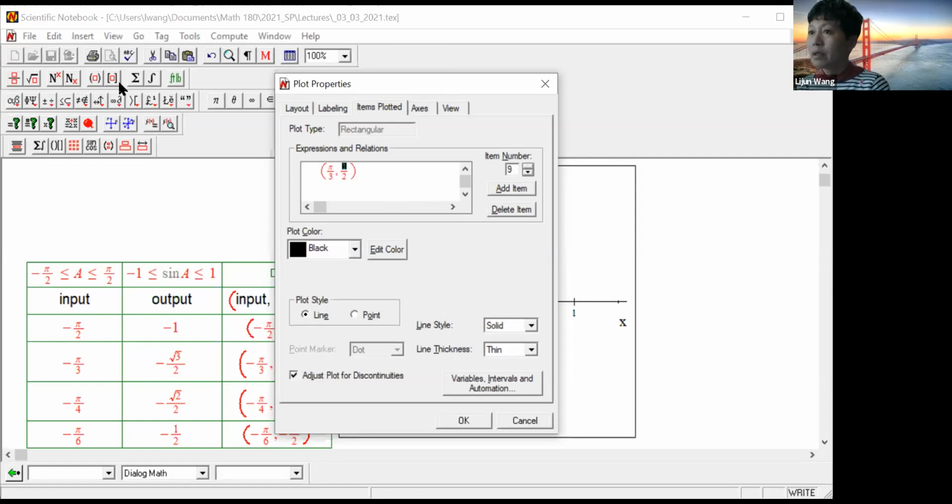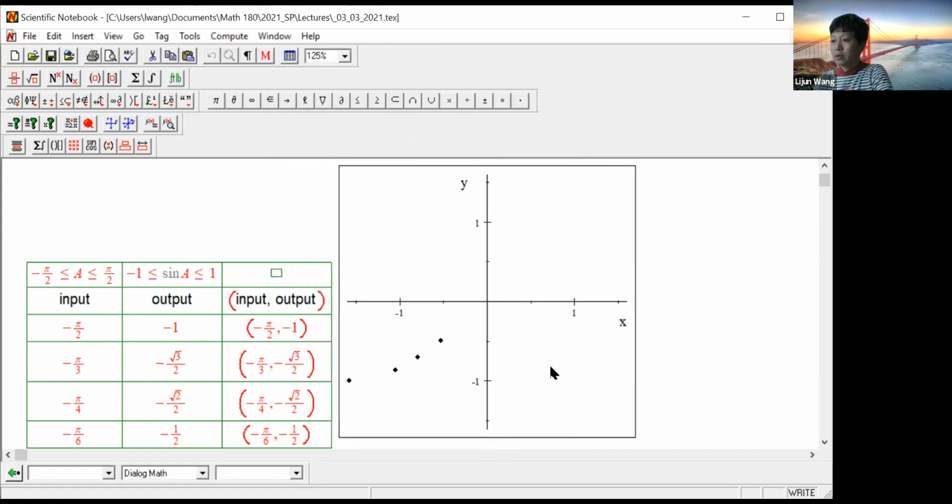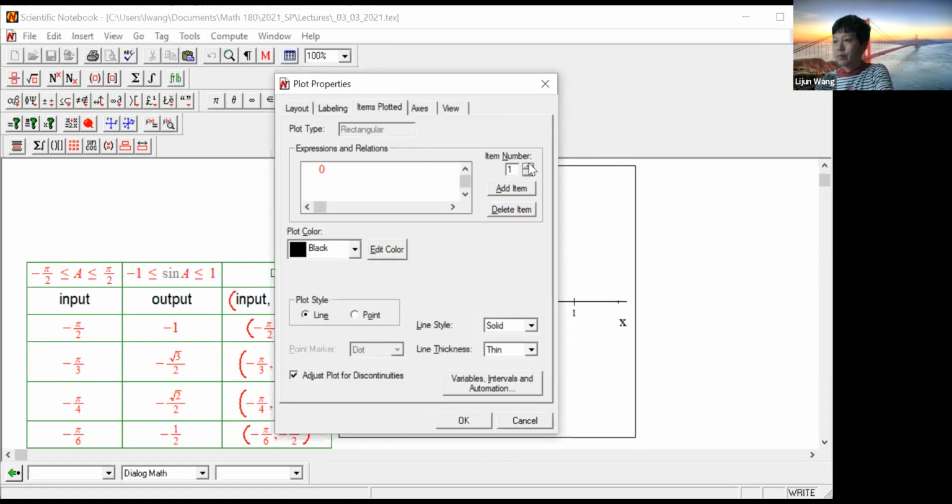I'm manipulating this software, which is Scientific Notebook, but you're doing it on your paper. Okay. Wait, what did I do wrong? I think I would know what I did wrong. I got the point.